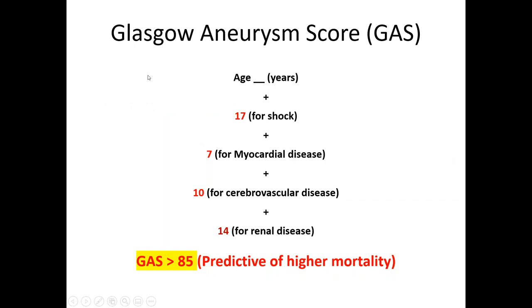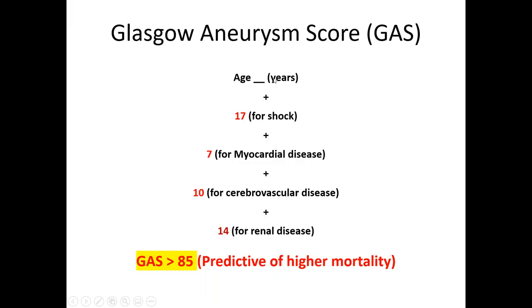There is something to be aware of called the Glasgow Aneurysm Score, or GAS. This would be used if a patient presents with an abdominal aortic aneurysm leak or rupture, and it helps us understand what sort of mortality we can expect. If the GAS is more than 85 in total score, it would predict a much higher mortality than someone who is much lower.